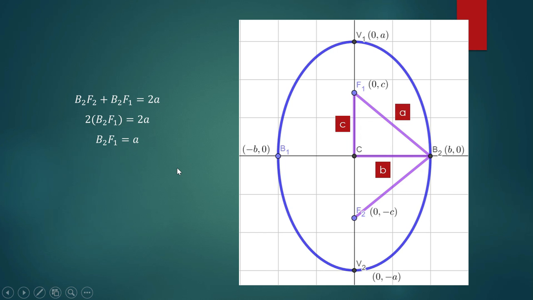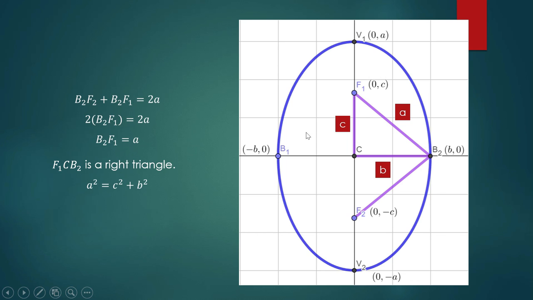That leads us to a right triangle. This is a right triangle whose hypotenuse has length a, and its legs have lengths c and b. So pay attention to that. This is a right triangle, and so the Pythagorean formula must apply.